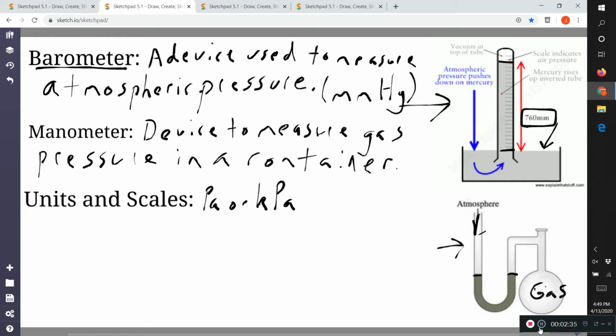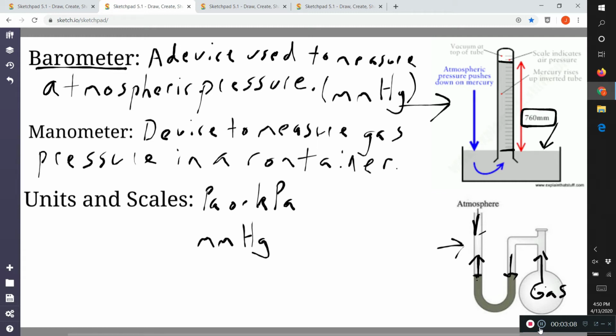But let's say the gas has more pressure than the atmosphere, it will start to move the mercury up on that side and down on that side. And we can measure things similarly in millimeters of mercury. Now, in addition to that, what is oftentimes useful is, units and scales, we have pascals and kilopascals. We also have millimeters of mercury based on our use with barometers and manometers.